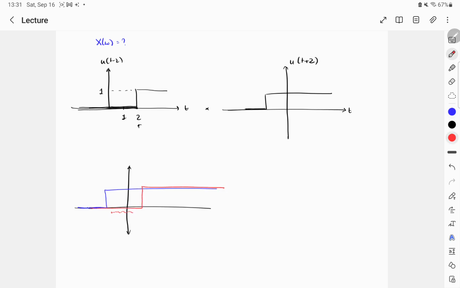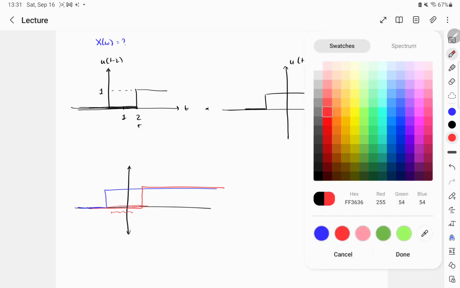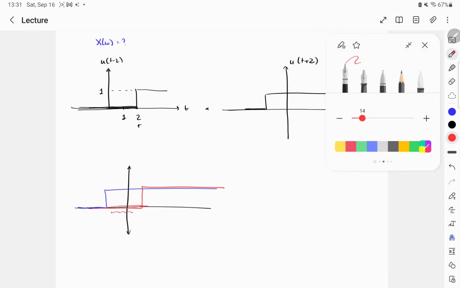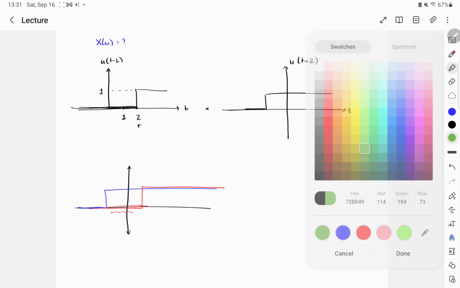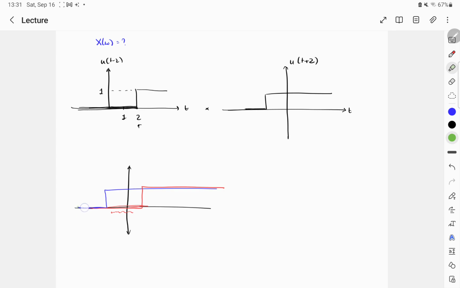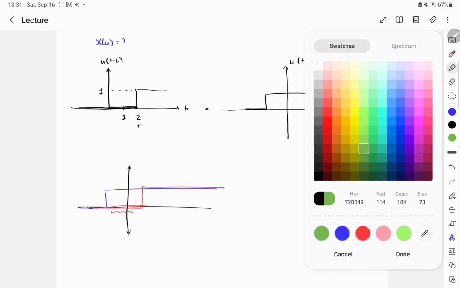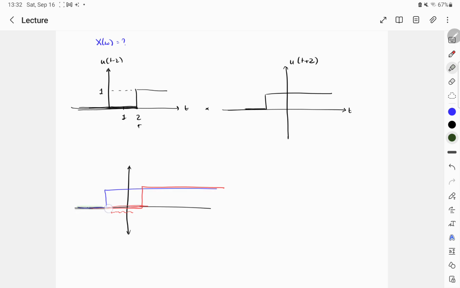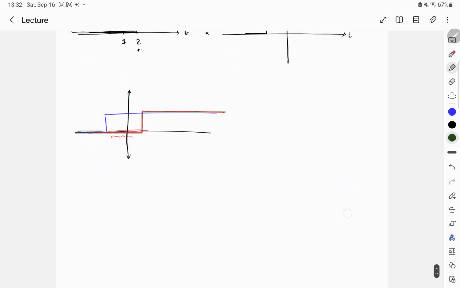Here, since one of them takes 0 values, the resulting function will have 0 as well. And so the resulting function will, let me illustrate it like this. We will have 0 until this point, and then we will have 1 afterwards.